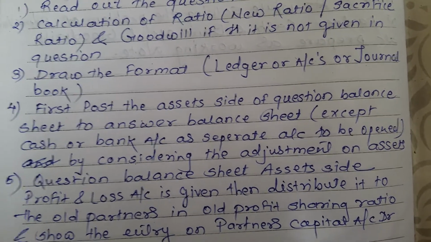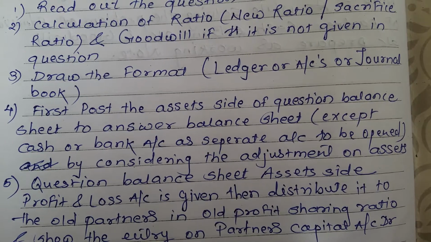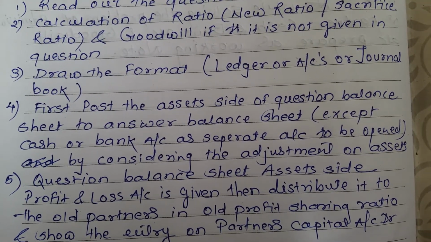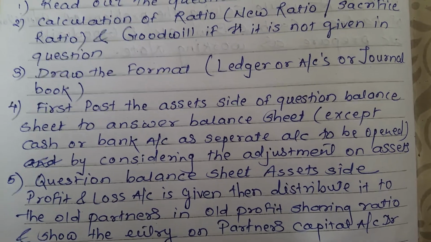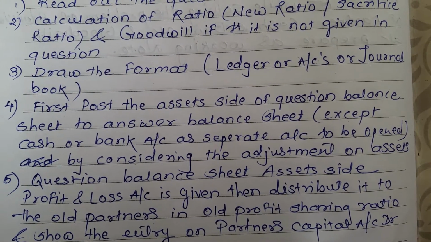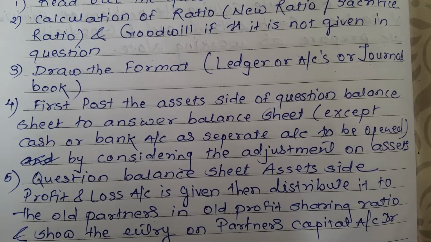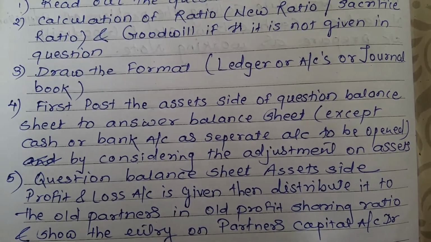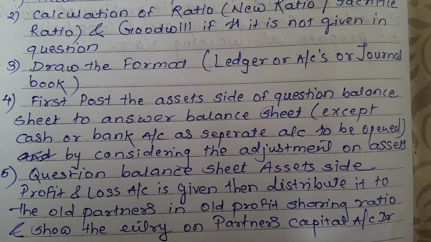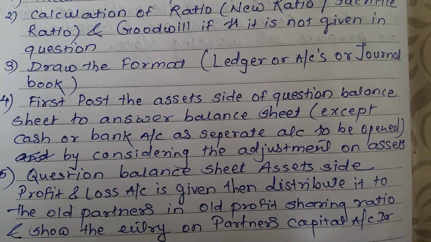So the first step will be to post all the assets given in the question balance sheet on the answer balance sheet side, right? But for cash and bank account, we will open a separate account.